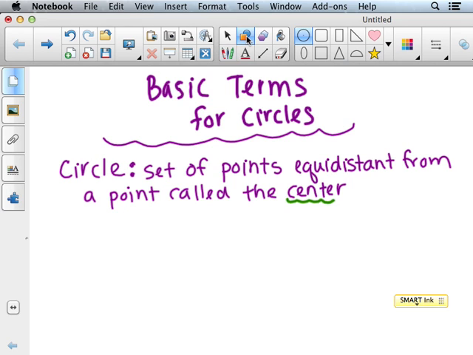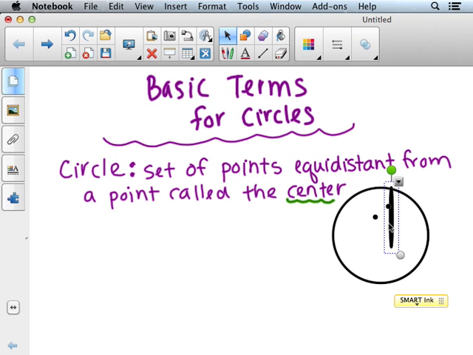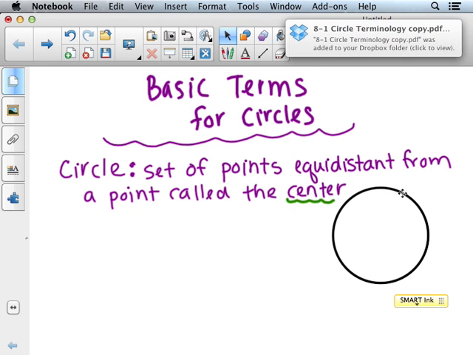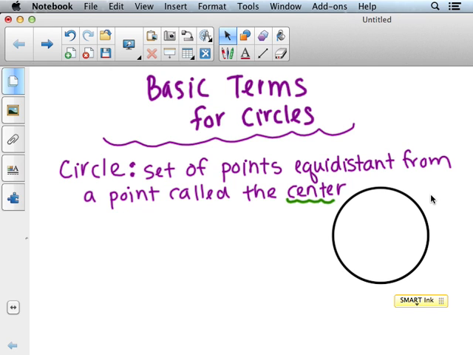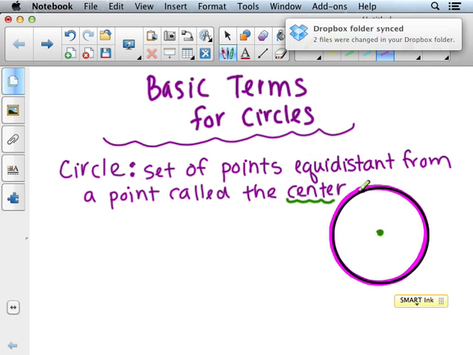All right, so here's my center, and this part here is my circle. All right, next one.